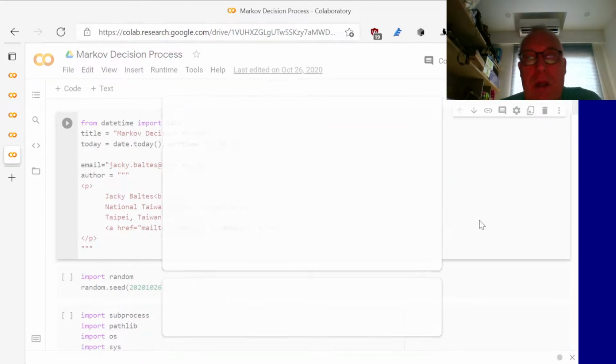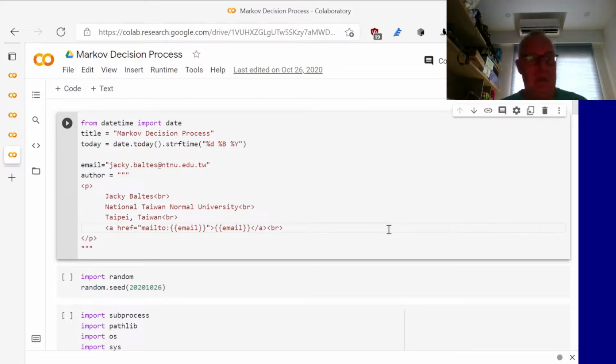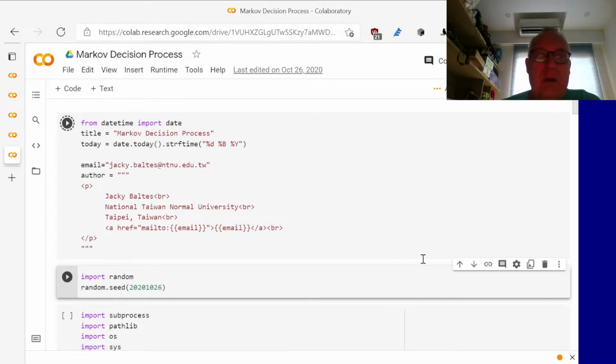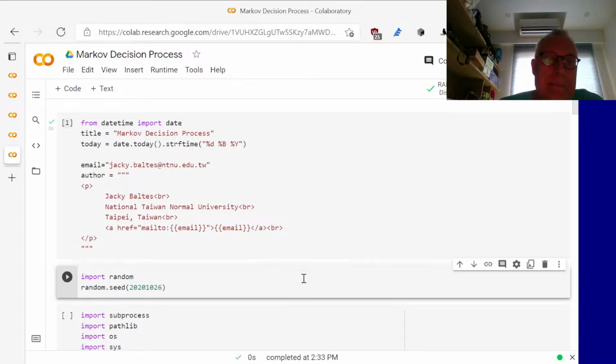So the basic model that we're using in reinforcement learning is called the Markov decision process.